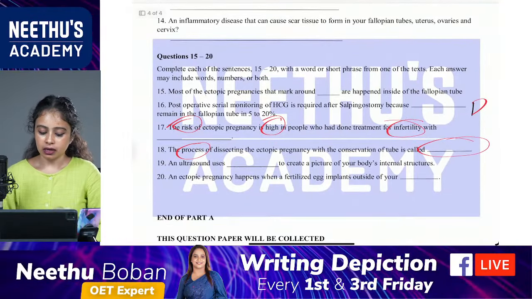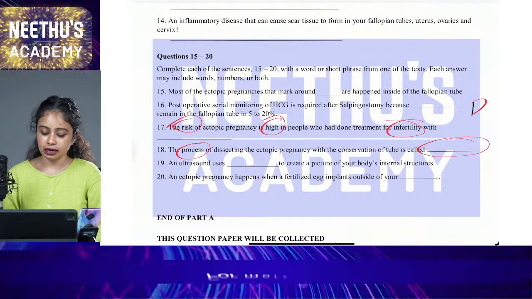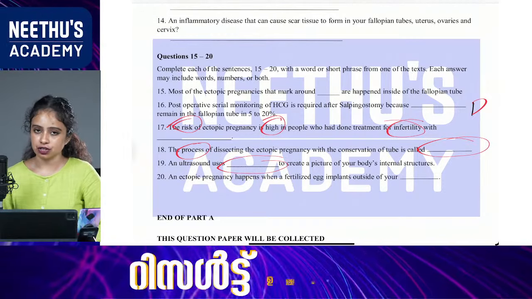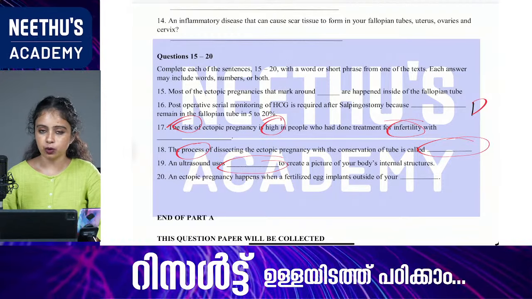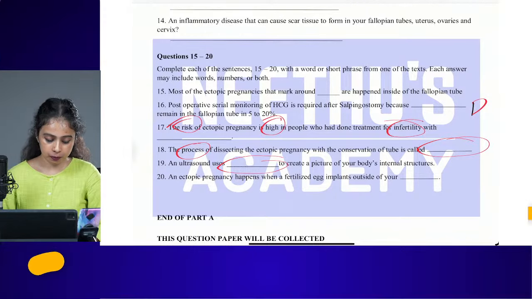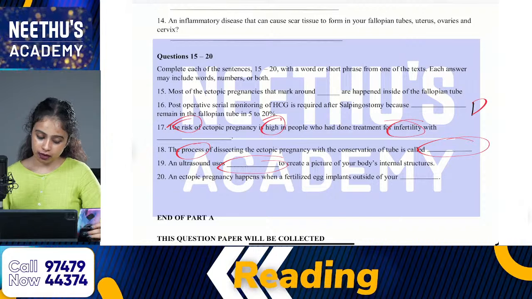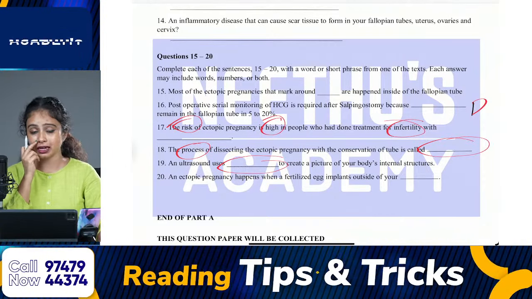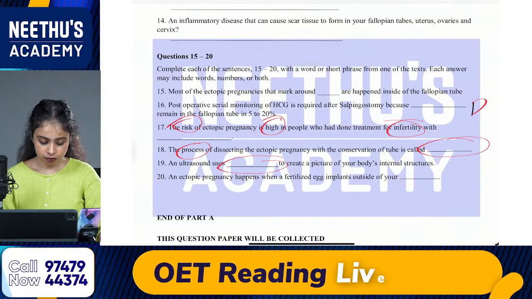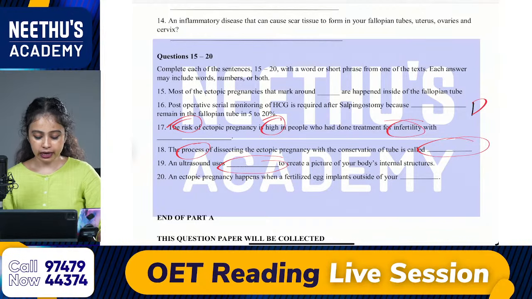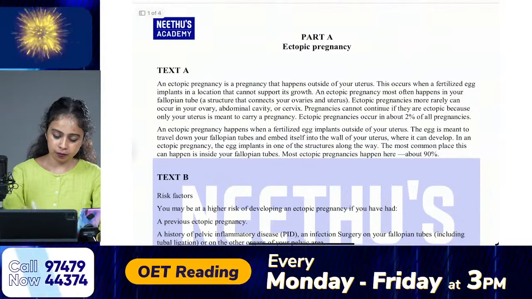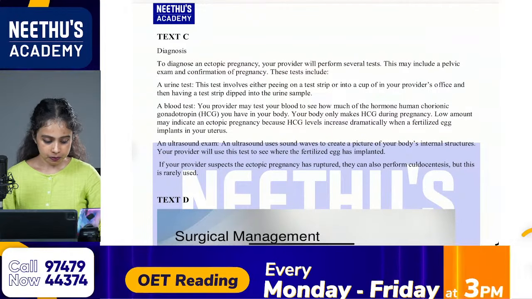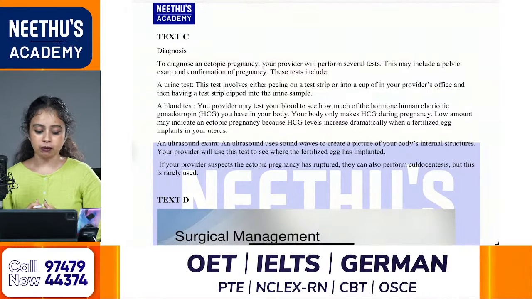And 19th one, an ultrasound uses dash to create a picture of your body's internal structures. What is the missing word there? Okay, very good. What about 19th one? So 19th one, which is in text C. Okay, sound waves.